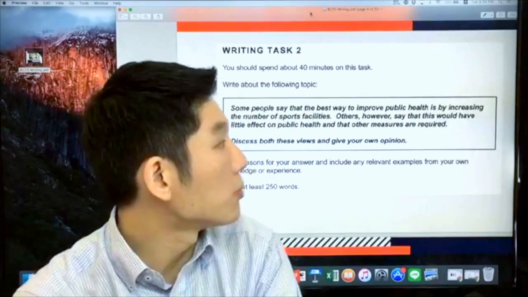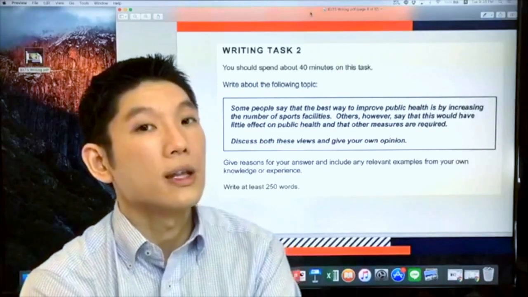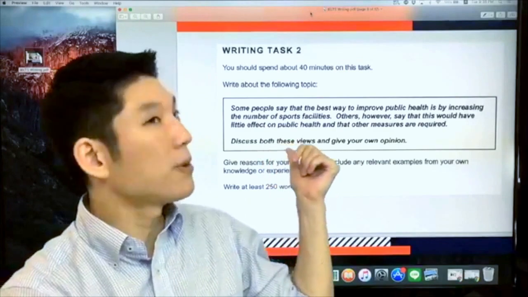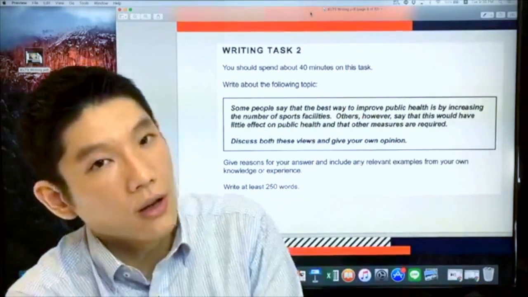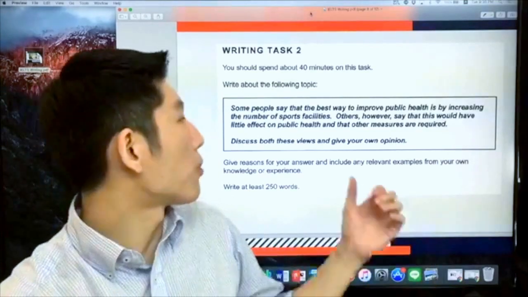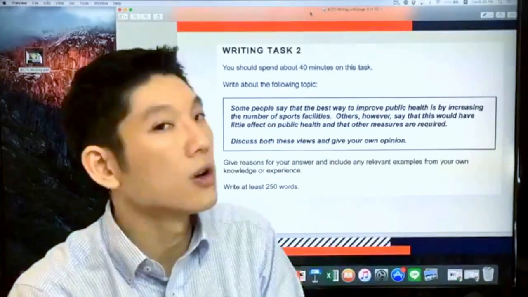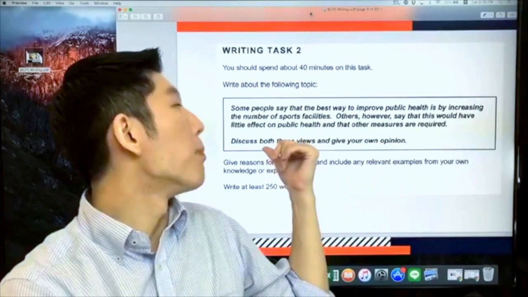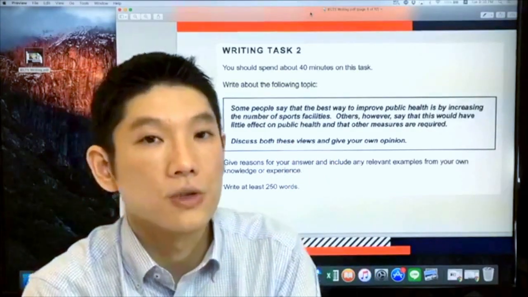所以碰到这种题目的时候呢，基本上就是一定要两边都回应啊。为什么呢？因为他已经叫你两边都回应啊。So many people say, can I just argue one point and ignore the other point? Do you think this is really possible when the prompt asks you to discuss both these views and give your own opinion? It's clearly asking you to discuss both these views and not just one of these views.